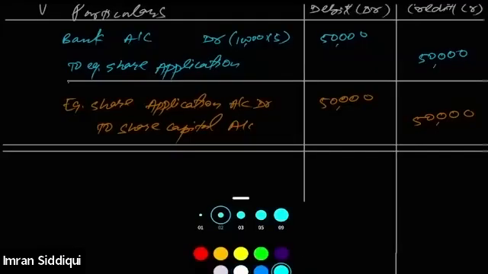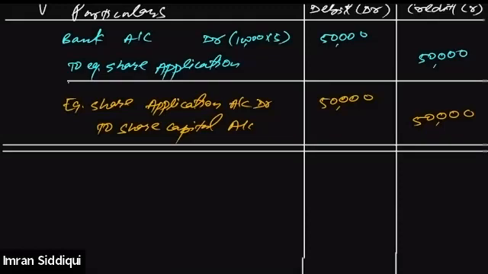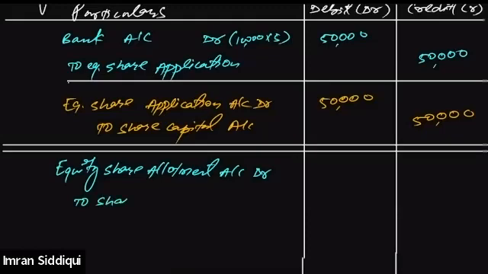Then we'll write down the entry for the allotment. First of all, we will have to make the allotment money due. For making the money due, what will be the journal entry? Equity share allotment account debit to share capital account.